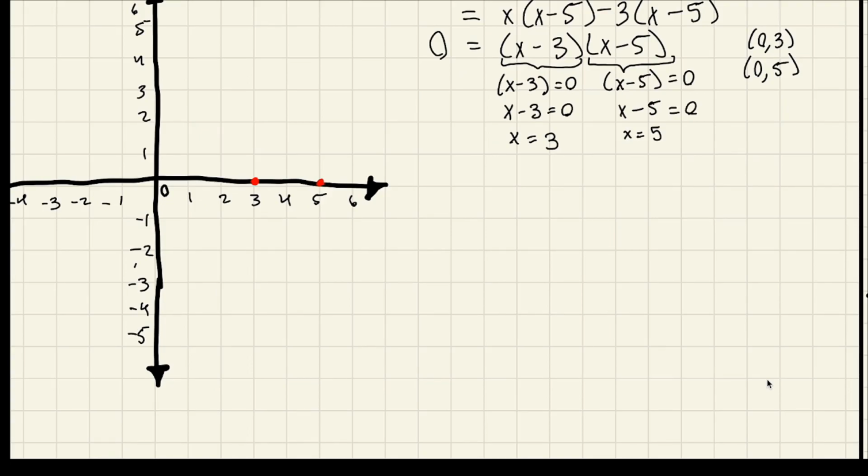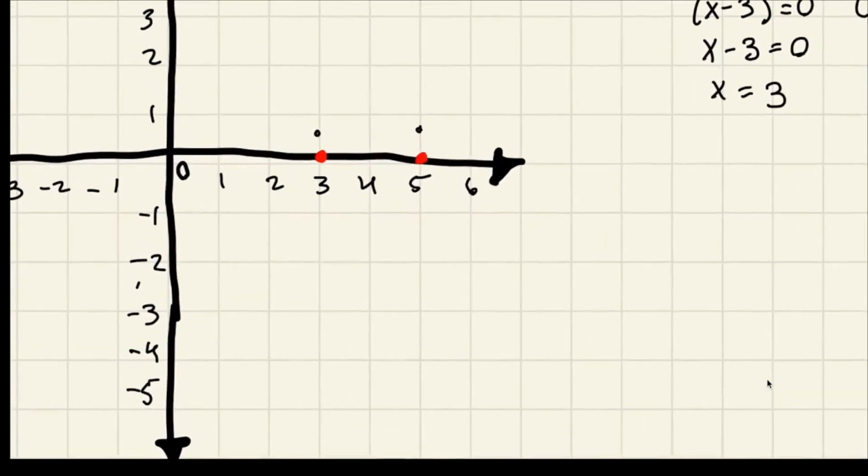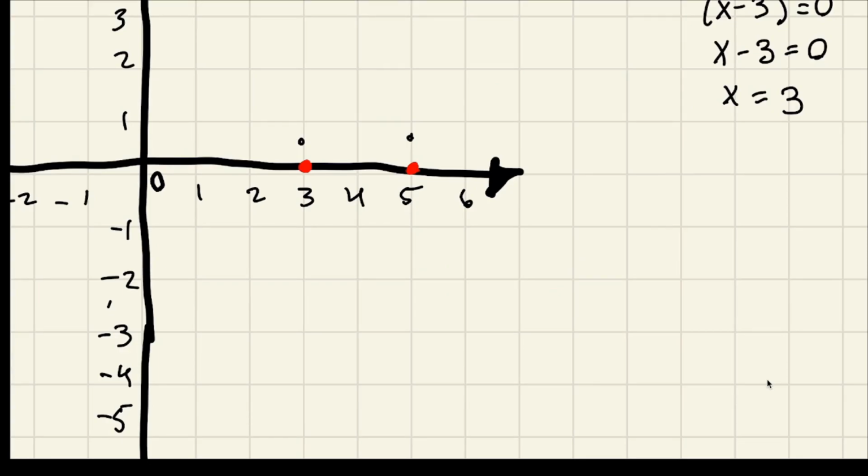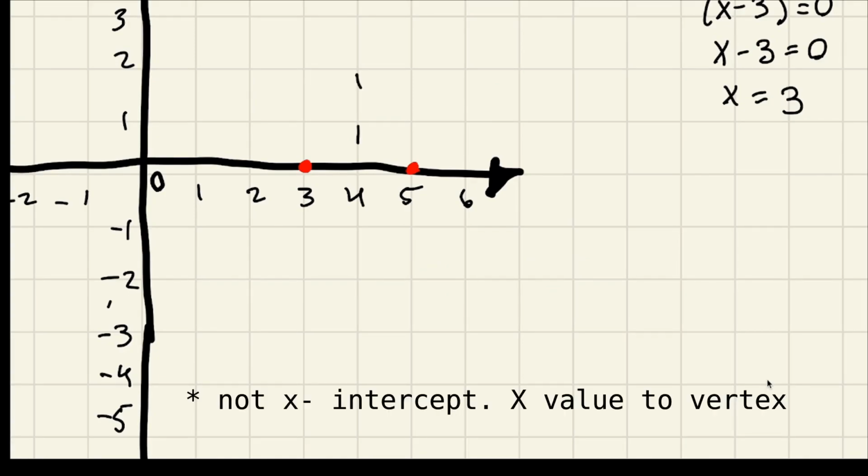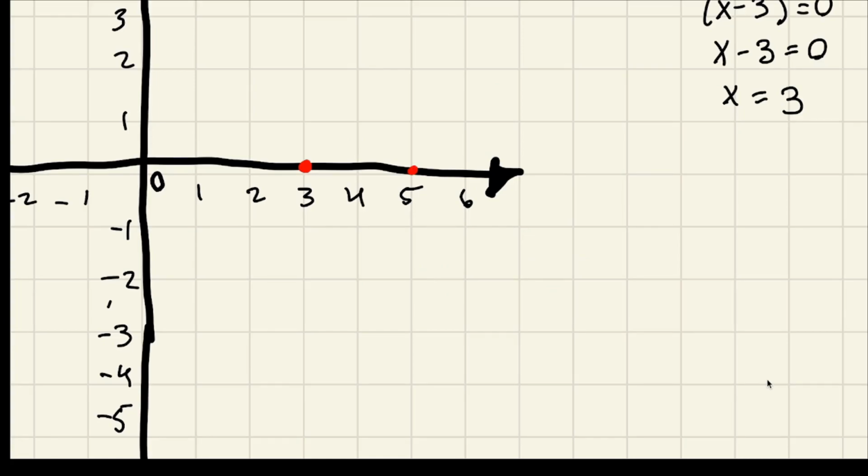Because here, our x value is somewhere in between 3 and 5, and it's directly in the middle. And so what we can do is, let me actually get a different color. We know our vertex is somewhere along this line.